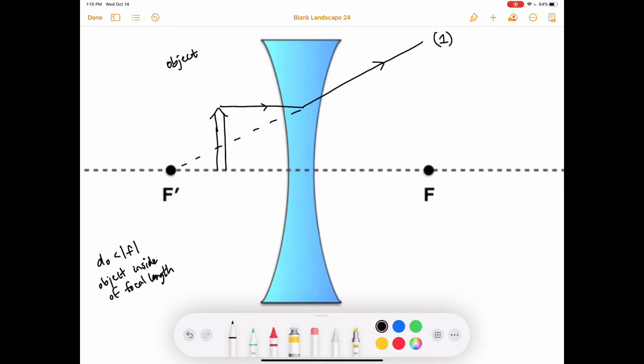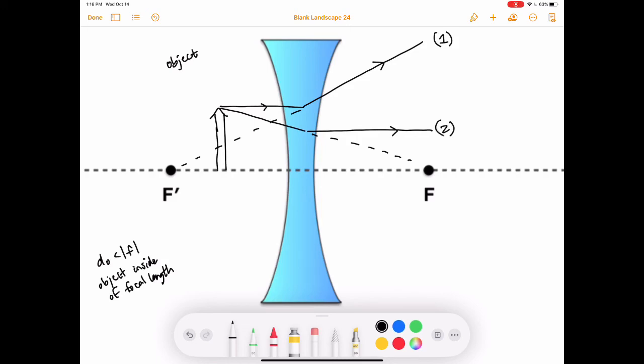Okay, if we draw ray number 2, this one starts off going towards this focal point, F. So let's draw that. It starts off going towards this focal point, F. But then after it goes through the lens, it gets bent and it goes parallel to the optical axis.